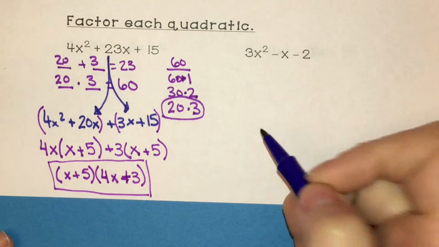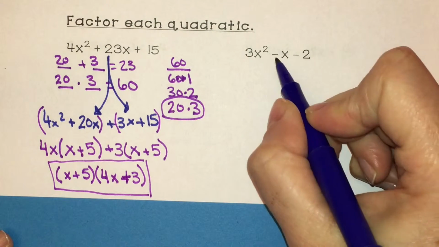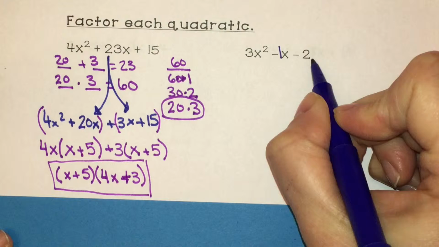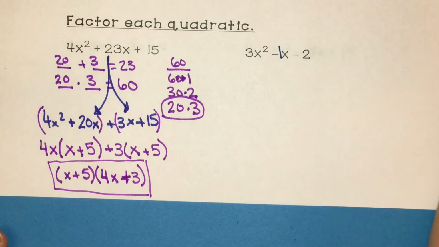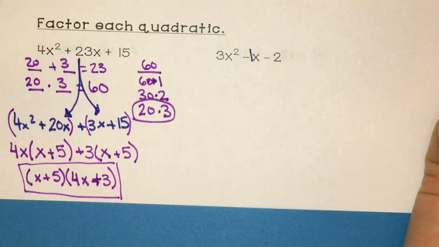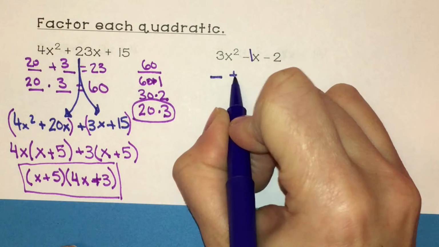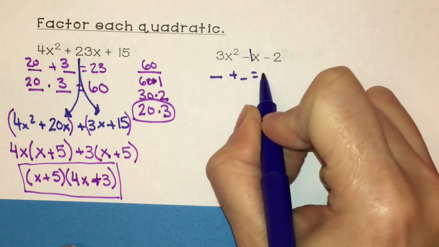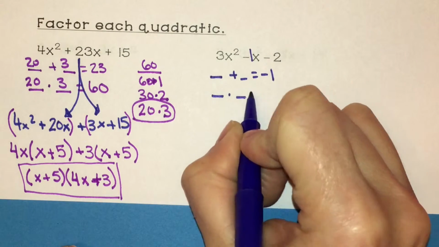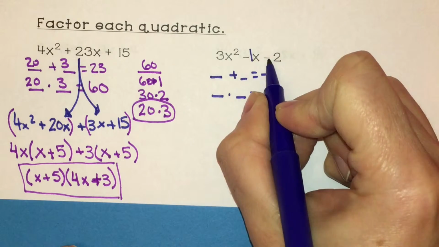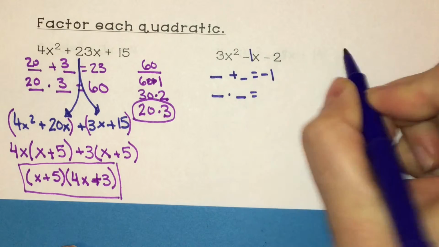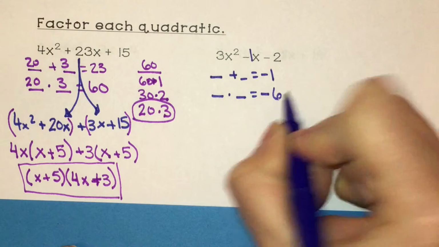All right, so we're going to move on to the next one. 3x squared minus 1x minus 2. I'm just going to put a 1 there so I remember that negative x is the same thing as negative 1x. I have to figure out what I can add together to equal negative 1 and multiply together to equal 3 times negative 2, which is negative 6.